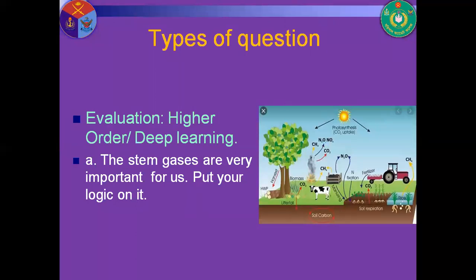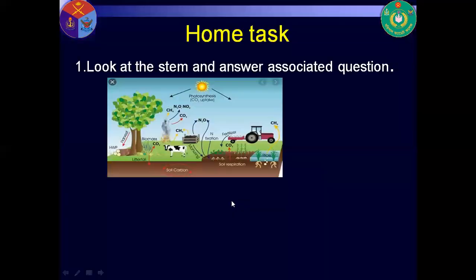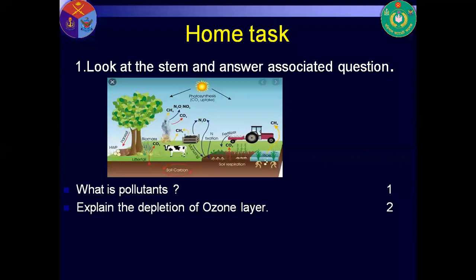Very important: several gases are here. Suppose methane is used as fuel. Carbon dioxide is very much used by plants. By using these gases, plants produce their food, carbohydrate. In this way, you will answer the question. Now there is a home task. What are pollutants? The gases which pollute the environment.